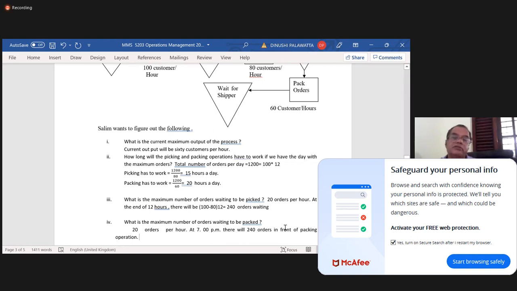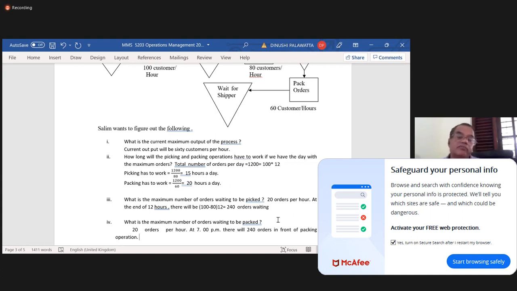At 7 p.m., between packing and picking, the work rate difference is 20 customers per hour. So for 12 hours, there will be 240 customers.